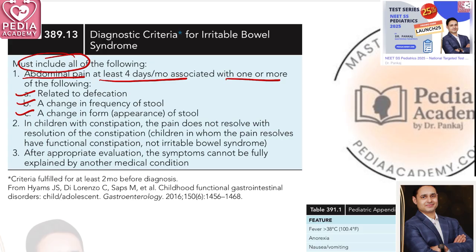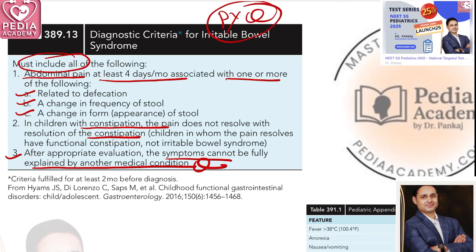In children with constipation, pain does not resolve with resolution of constipation. Very important, and after appropriate evaluation, the symptoms cannot be fully explained by another medical condition. So this was PYQ. We have to remember irritable bowel syndrome.